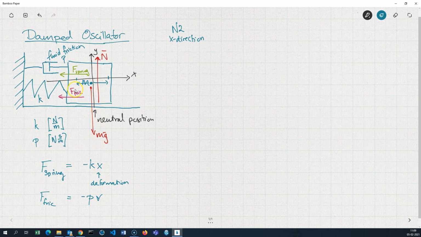So if the box is moving in this positive x direction, the friction force will be in the negative x direction, trying to oppose the movement. It doesn't matter if the box is on the negative or the positive part of the x-axis. What matters is the direction in which it moves, and that's why the friction force here depends on velocity, not position.